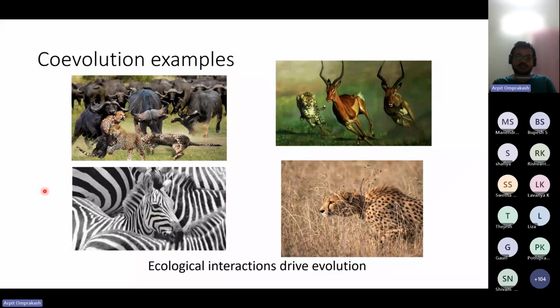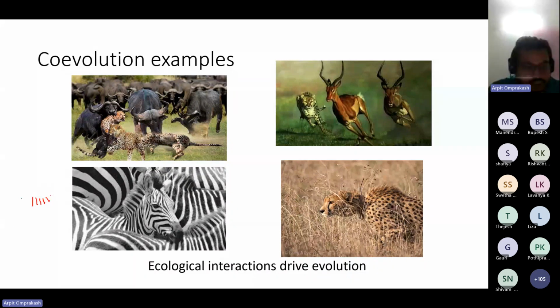Because of the stripes, it's very difficult to track a single individual zebra in a large group of zebras, because all of them look very similar. So let's say we have a lot of zebras here, 10 or 20, and we have a cheetah here.